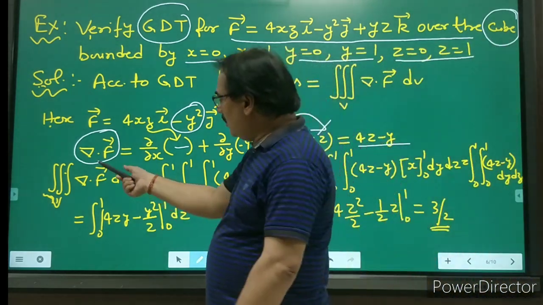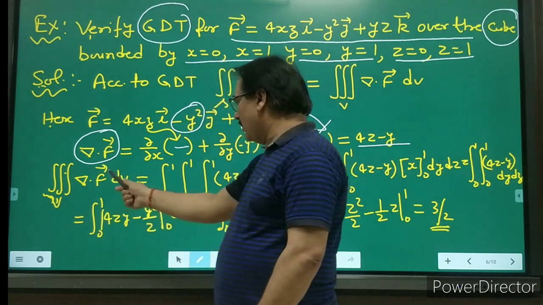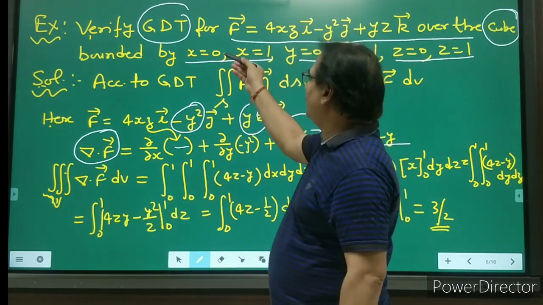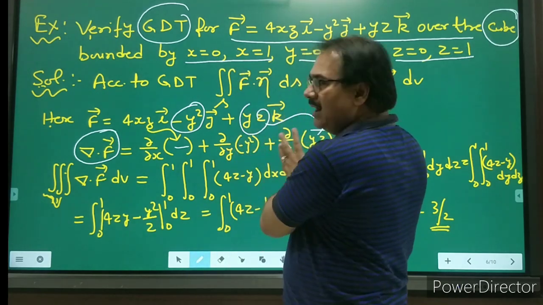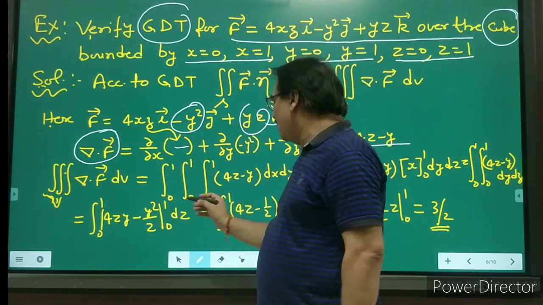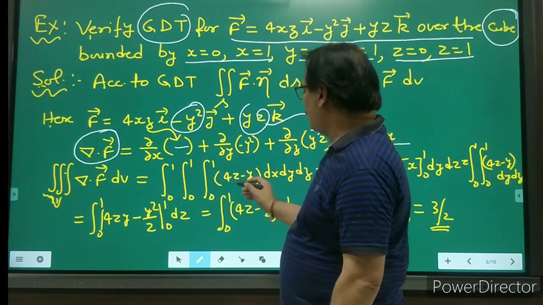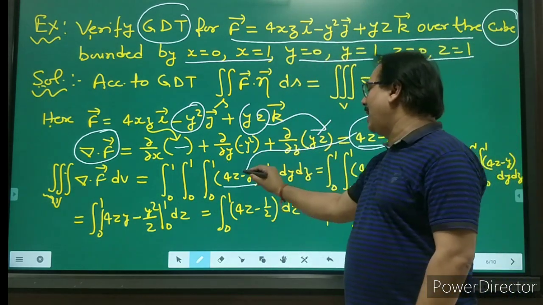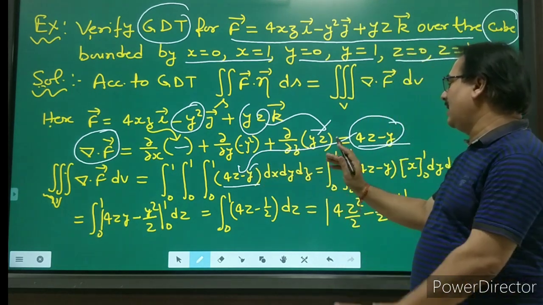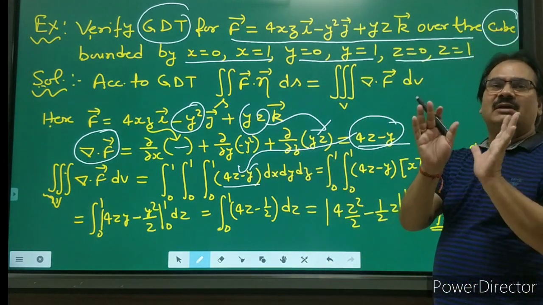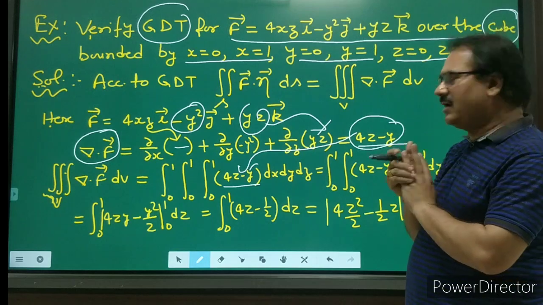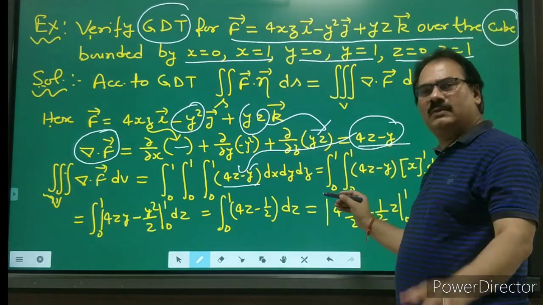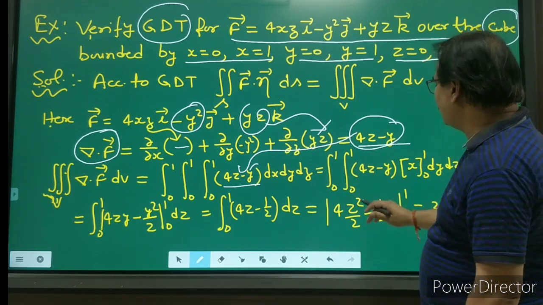Now you can calculate the triple integral of del dot vector f dv. Again, look at the cube: for x, for y, and for z it is symmetrical, 0 to 1, 0 to 1, 0 to 1, and the integrand you have calculated is 4z minus y, with dx dy dz. Now this is completely a question of triple integral, and you know how to evaluate it, but for your information I have given a few steps.